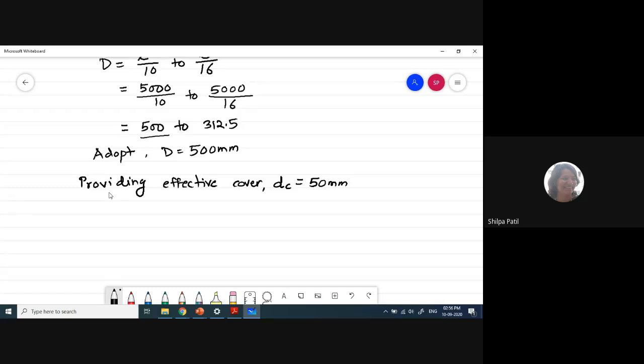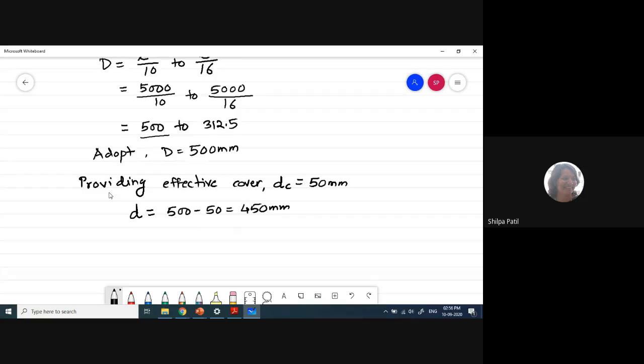So what will be the effective depth of the beam? 500 minus 50, so it is 450 mm. Now the next point: we have decided the width, the overall depth and the effective depth of the beam. Now we have to calculate the effective span.